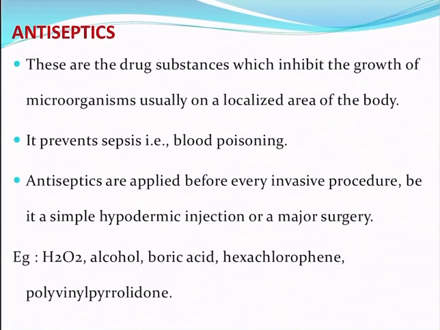It prevents sepsis, that is blood poisoning, and antiseptics are applied before every invasive procedure, be it a simple hypodermic injection or a major surgery. Examples include hydrogen peroxide, alcohol, boric acid, hexachlorophene, povidone, that is polyvinyl pyrrolidone, and dyes such as brilliant green, crystal violet, etc.